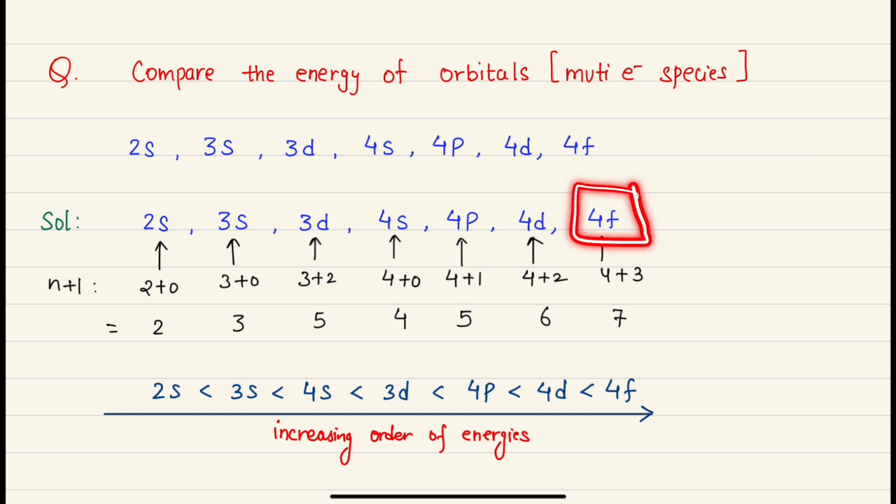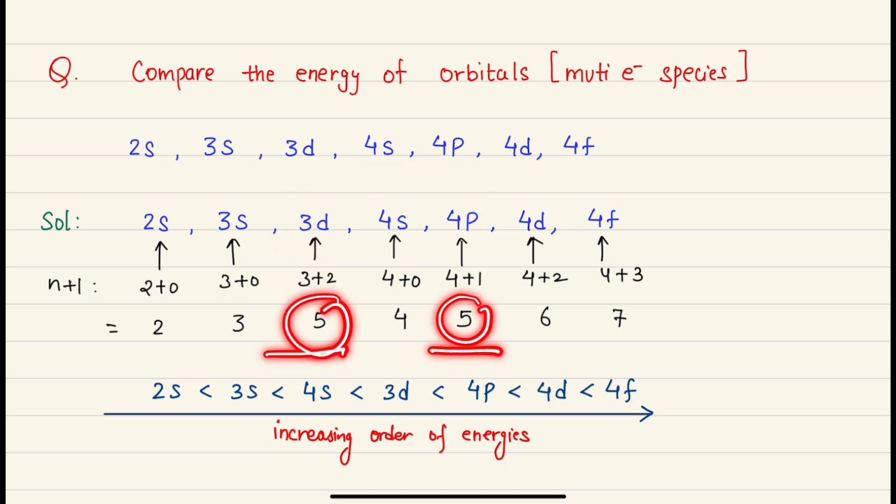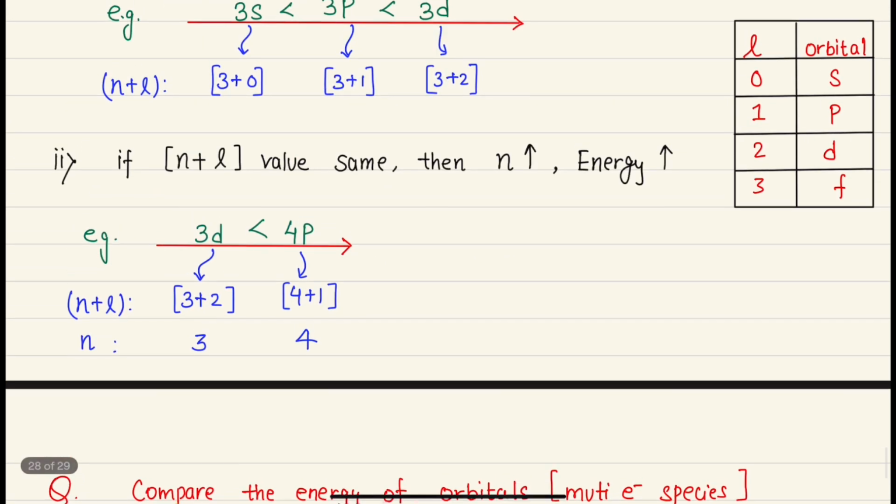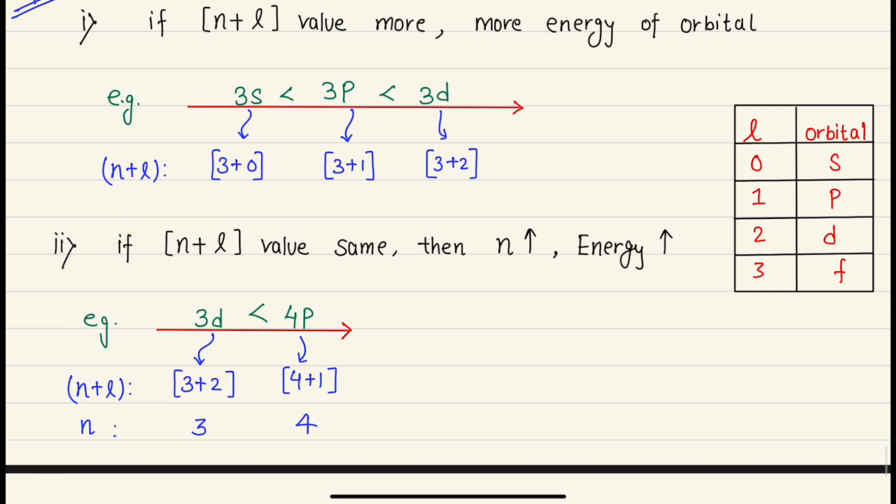4f orbital has more energy. Then you have 4d, and then you have 3d and 4p. But how to compare 3d and 4p? Because here also 5 and here also 5. So now apply rule number 2. If the n plus l value is the same, then the one with the larger n value has more energy.